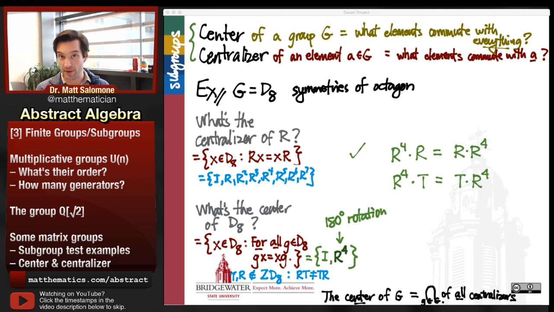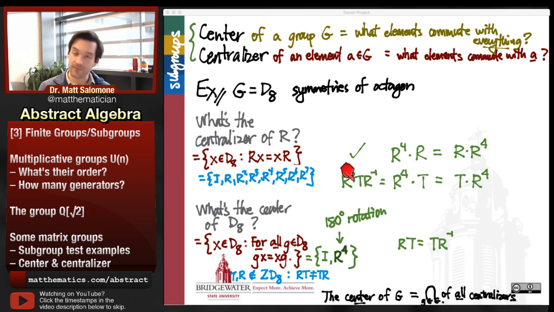Well, in the dihedral group of the octagon, RT is equal to T R inverse, right? But then that means, in particular, that if I were to take r to the fourth times t, that's r to the third times RT, and when I move this t to the left of that r, that's going to give me T R inverse.